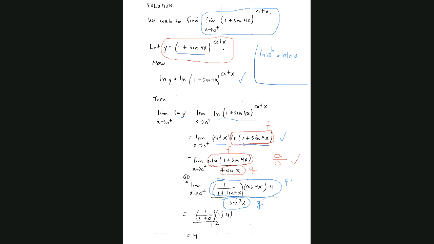So the question is now, is this form here, f prime over g prime, an indeterminate form? That means can I figure out the limit as x approaches 0?